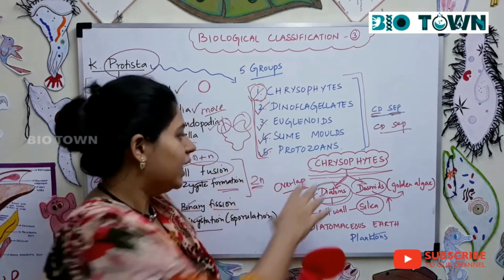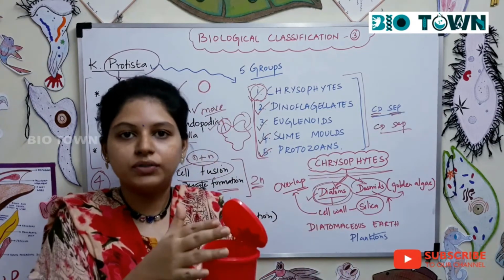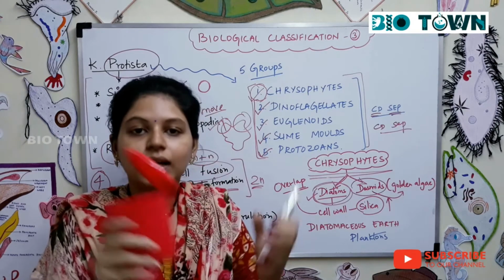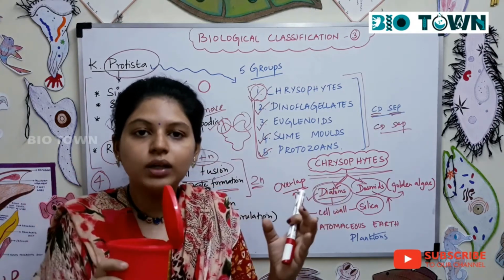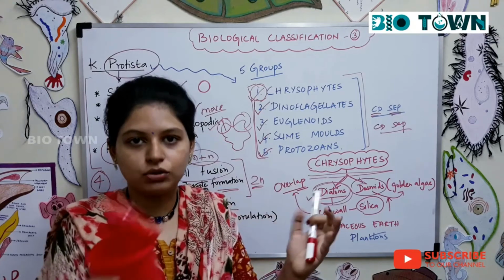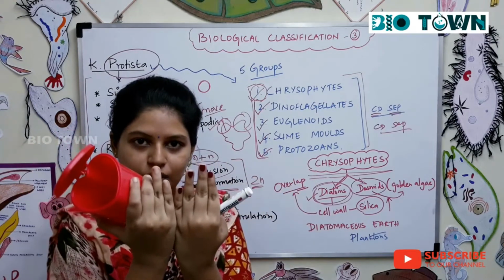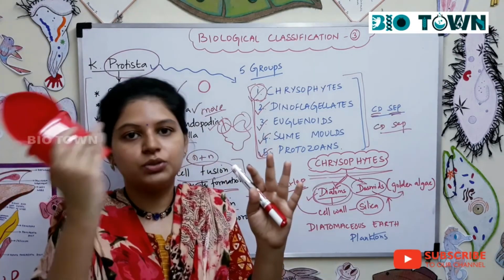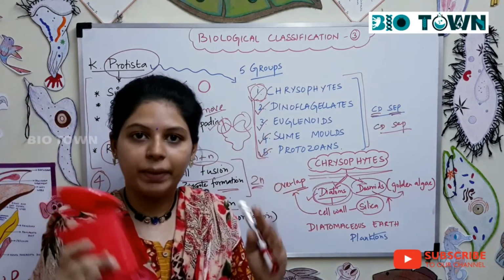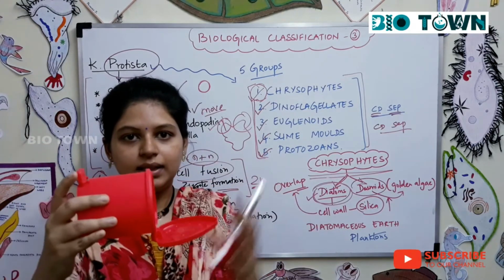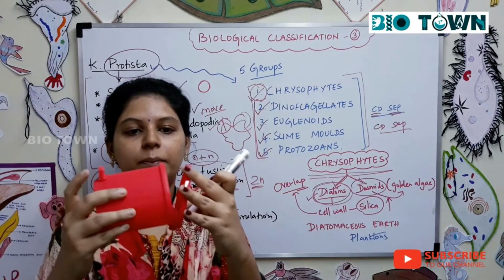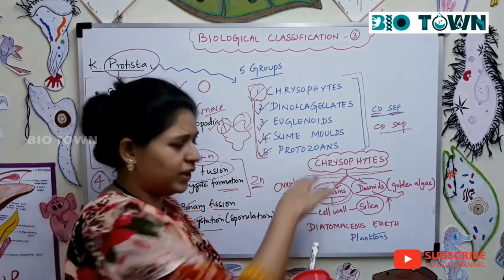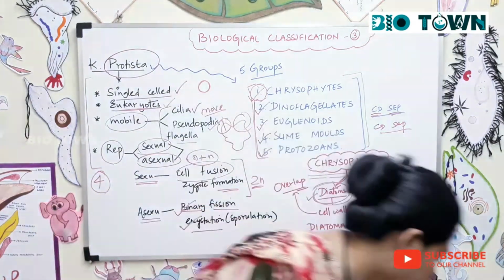The same way in chrysophytes, the cell wall is so compatible that two of the cells just join together and resemble a soap box. They are all single celled, but one cell joins with the other cell. So imagine this is one cell and this is the other cell. Now imagine how compatible the cell walls of the two different chrysophytes are. So that's the concept.